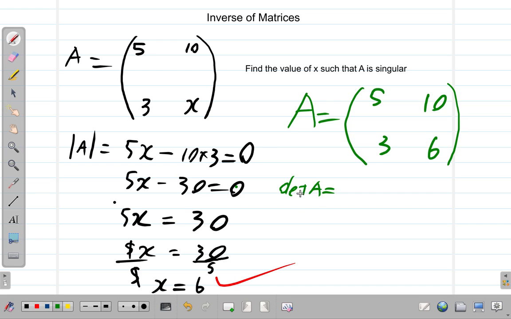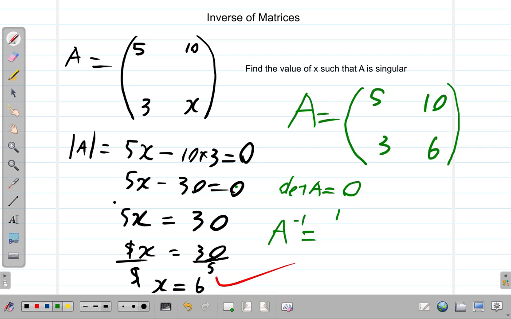Although writing the lines around A looks more sophisticated, indicating a higher level of knowledge, for now I'll just use DETA. What is the determinant of A? You know what it is from what happened a while ago. It's 0, right?